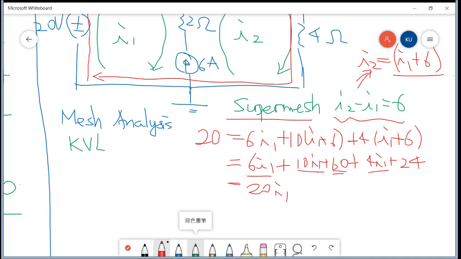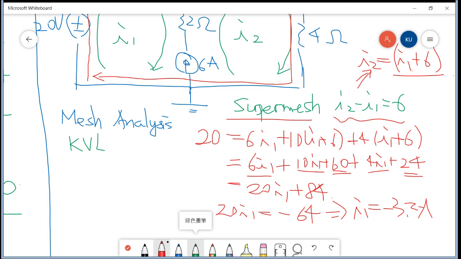And then 60 plus 24 is 84. So 20I1 equals minus 64. And thus I1 is minus 3.2A.